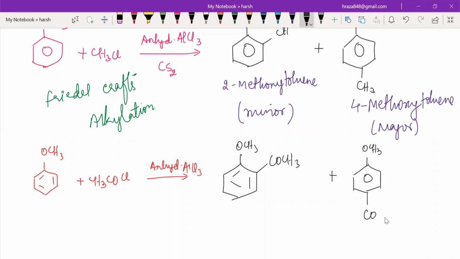So you can see this will have the name 2-methoxyacetophenone, and this will have the name 4-methoxyacetophenone. This is major and this is minor. So this is it for today.